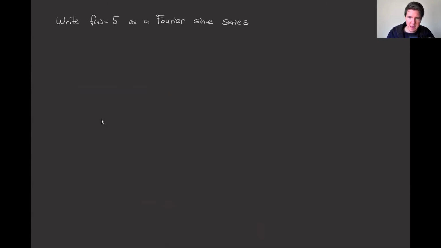We're only doing this to get a sense of how you would write a function as a Fourier sine series. It is not going to be necessarily super helpful in general. It's just more practice, because 5 is relatively simple. So let's see how we might do it.